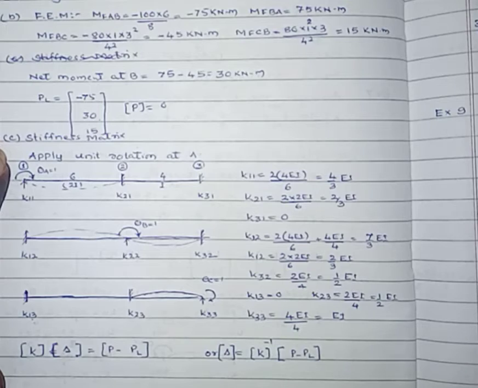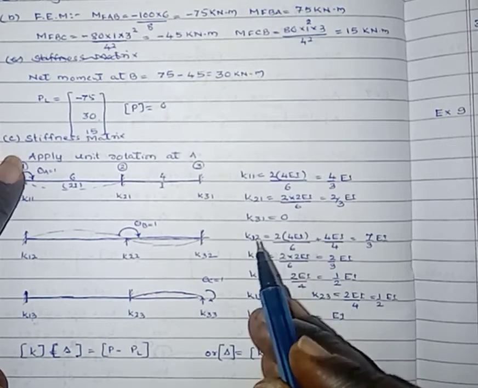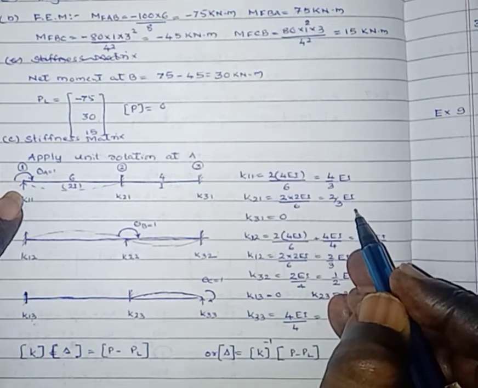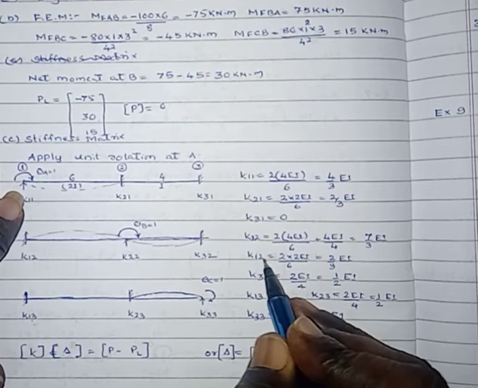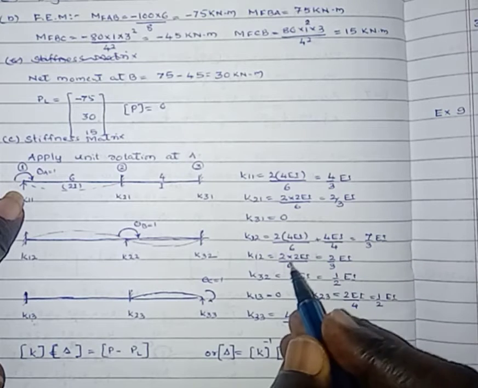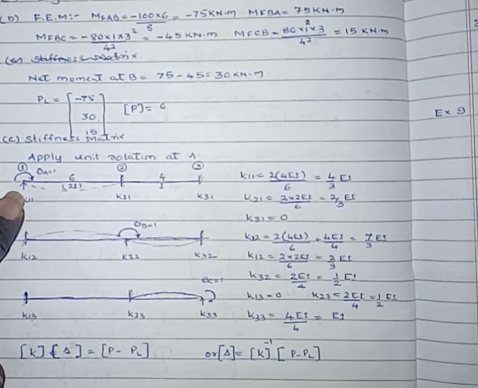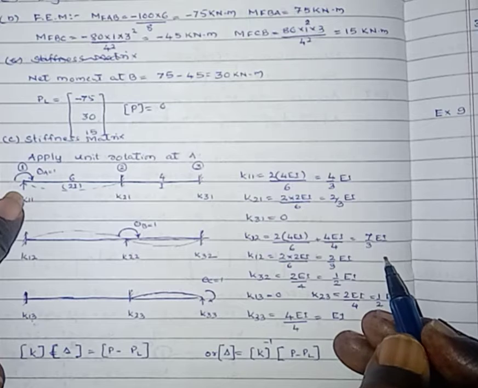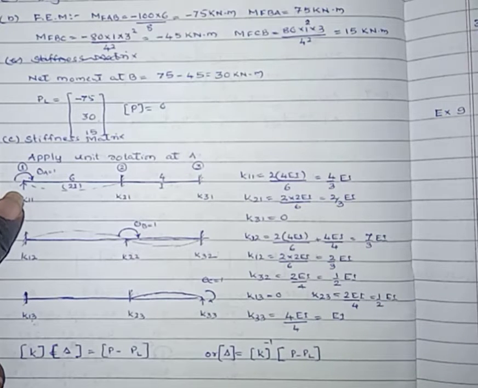Then here the stiffness matrix is given by, that is 4 by 3 EI, 2/3 of EI, 0 in the first row. The elements in the second row are 2/3 of EI, 7/3 EI, half EI.